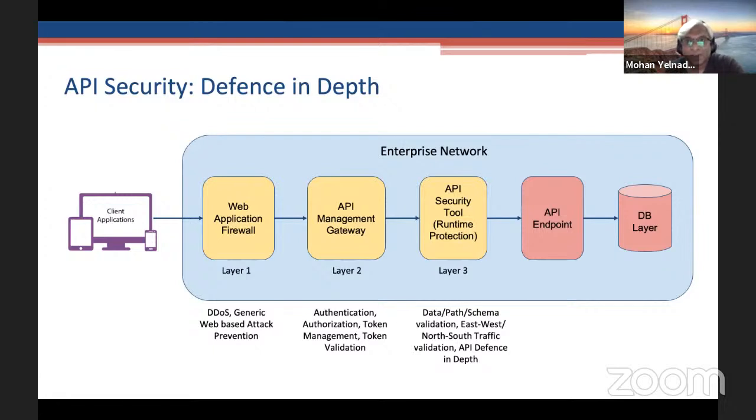Or I've seen in some organizations they implement a kill switch. That means if there's excess data being retrieved, more than usual, the kill switch gets triggered and the database gets completely disconnected from the API endpoint. So all these different layers basically give us a very good defense in depth if properly configured.